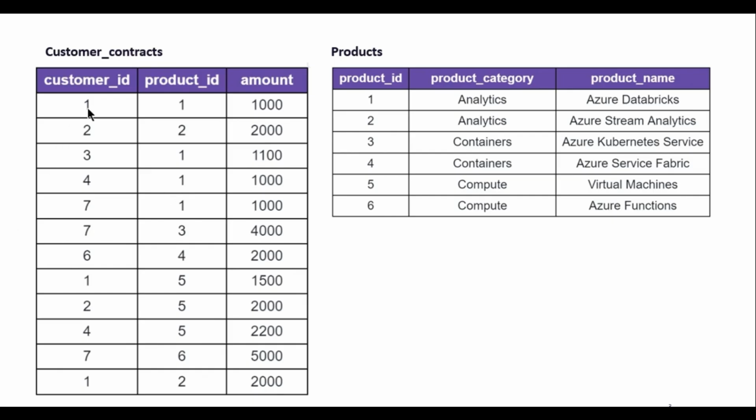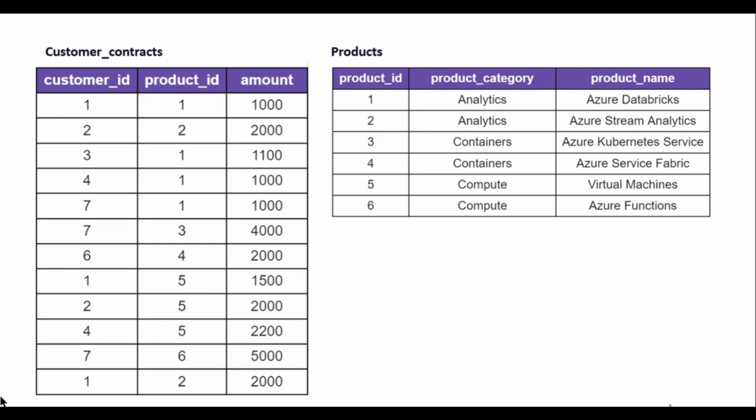So if we see for the customer ID 1, the customer ID 1 has purchased the product ID 1, which belongs to the analytics category. Okay. Now if we see for the customer ID 1 again here, he has purchased product ID 5. So the product ID 5 belongs to the compute category. And then if we again go to the customer ID 1 here, he has purchased the product ID 2, which again belongs to the analytics category.